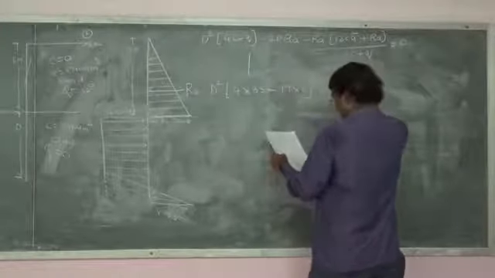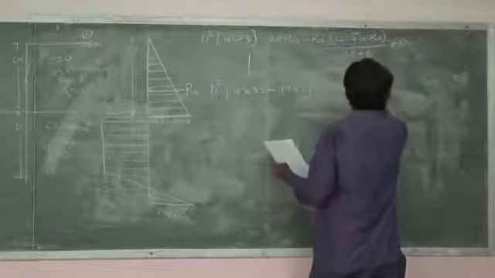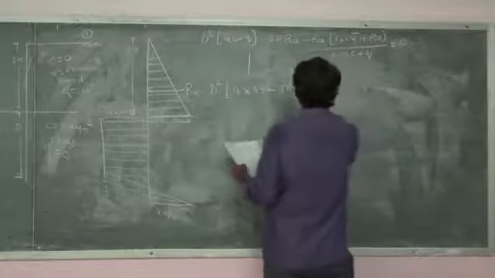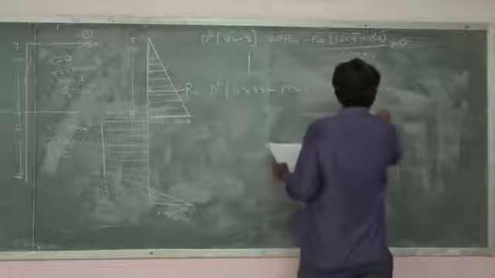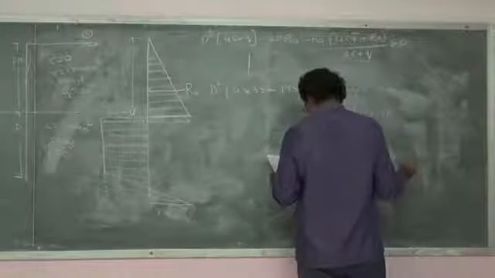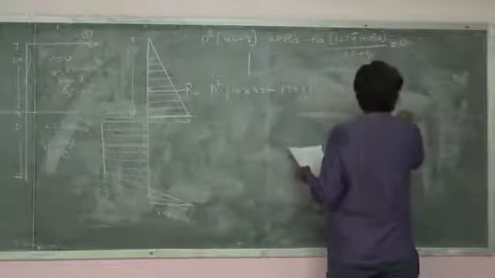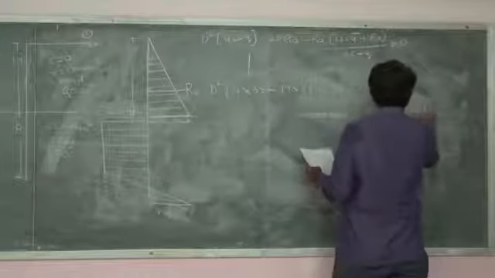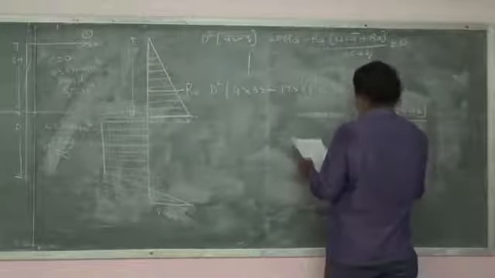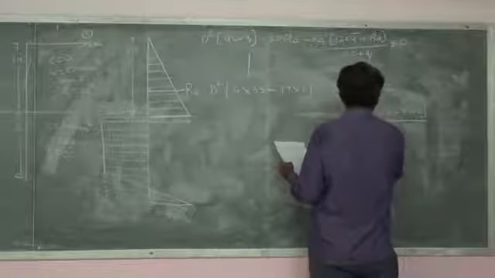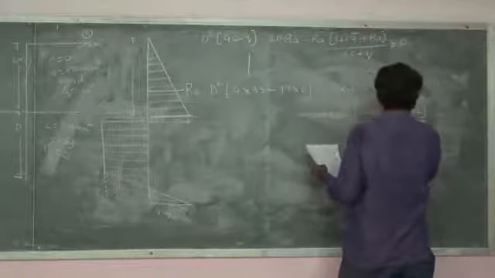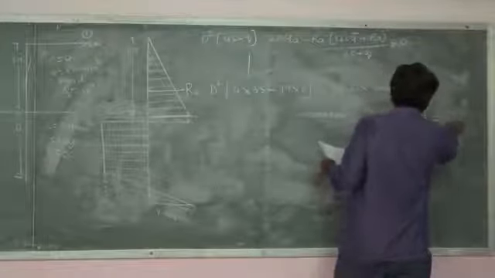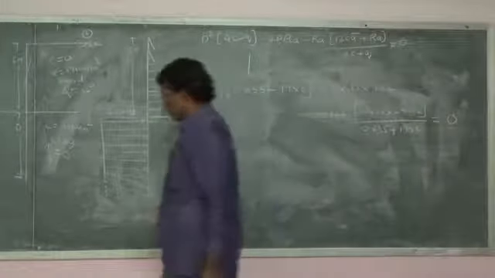RA we have calculated, it is 102. Minus again 102 into 12 times C, 35, Y bar is 2, and RA is again 102. This whole divided by 2C plus Q, which is 2 into 35 plus gamma into H, 17 into 6, equal to 0.